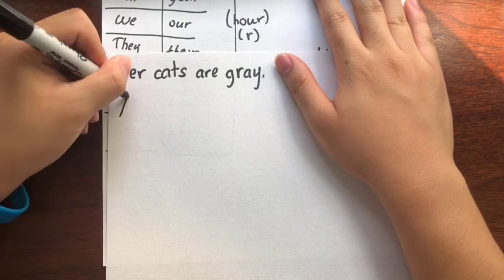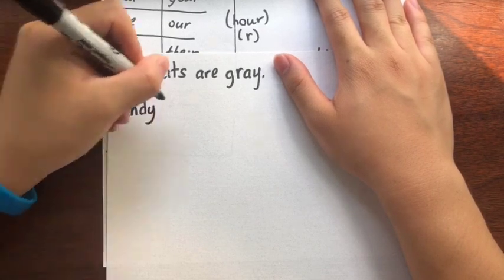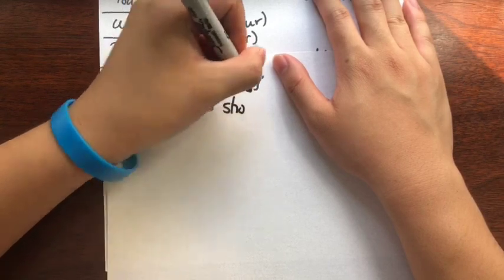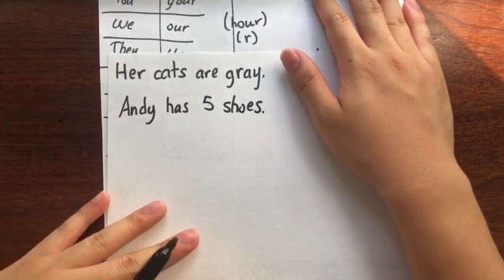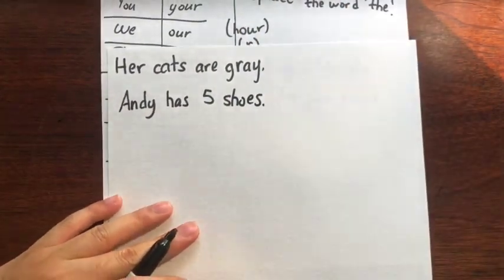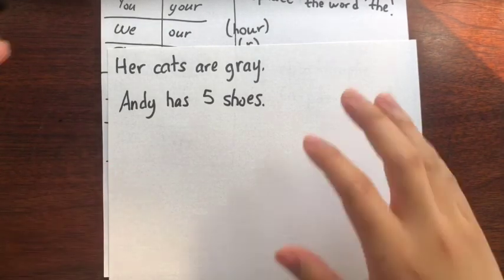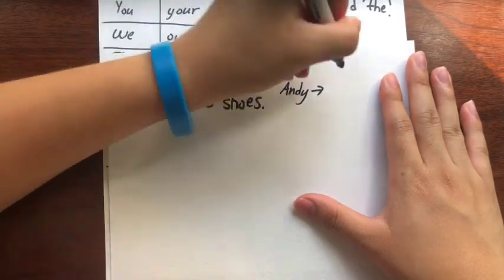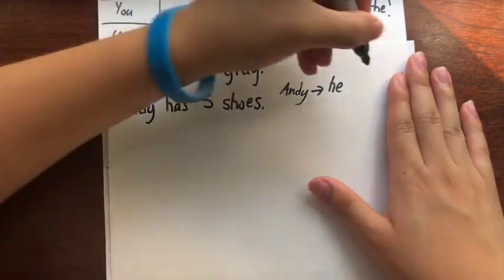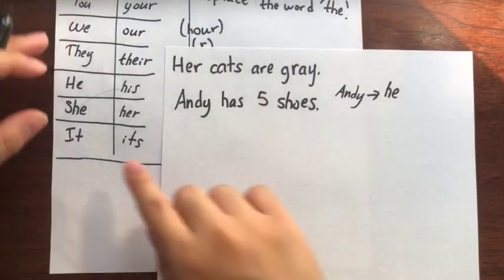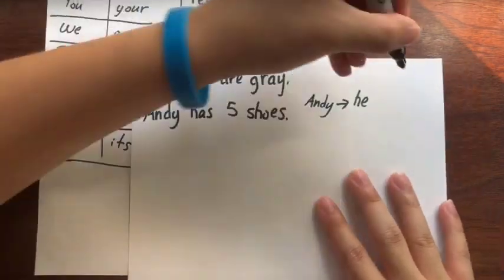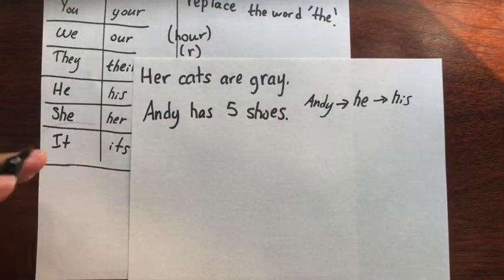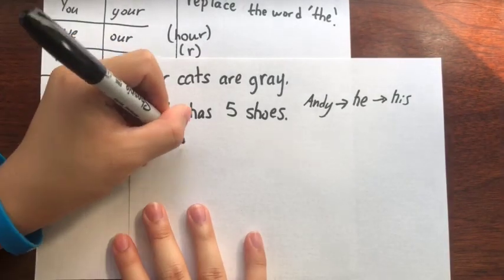Let's do this one. Andy has 5 shoes. Okay, so Andy's pronoun is he. For he, we can use his. So Andy has 5 shoes.